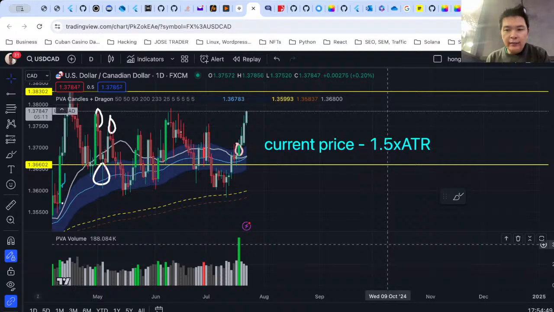It was Sunday here in Brazil, but it was already Monday in Asia. When we entered, the Tokyo session had just opened, and then we opened this trade. So here in Brazil it was still Sunday evening, but it was already Monday morning in Japan.